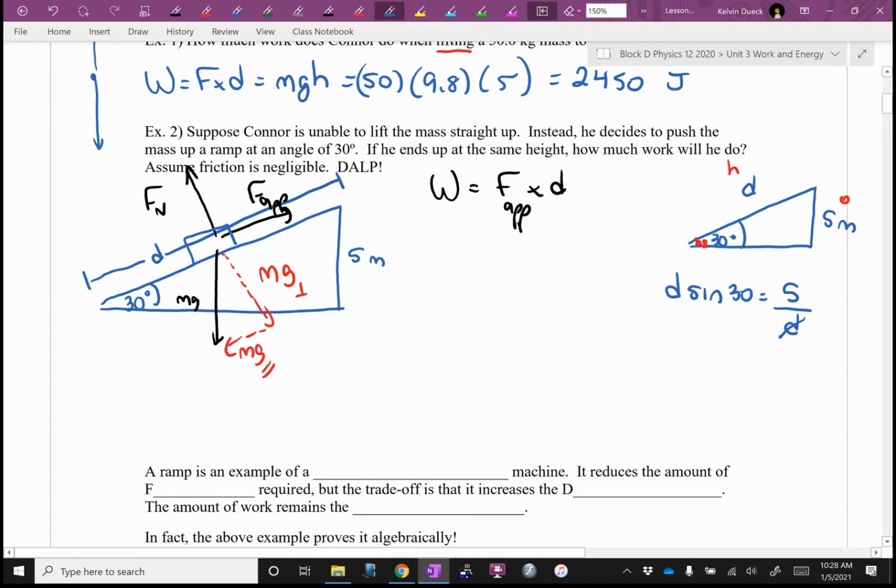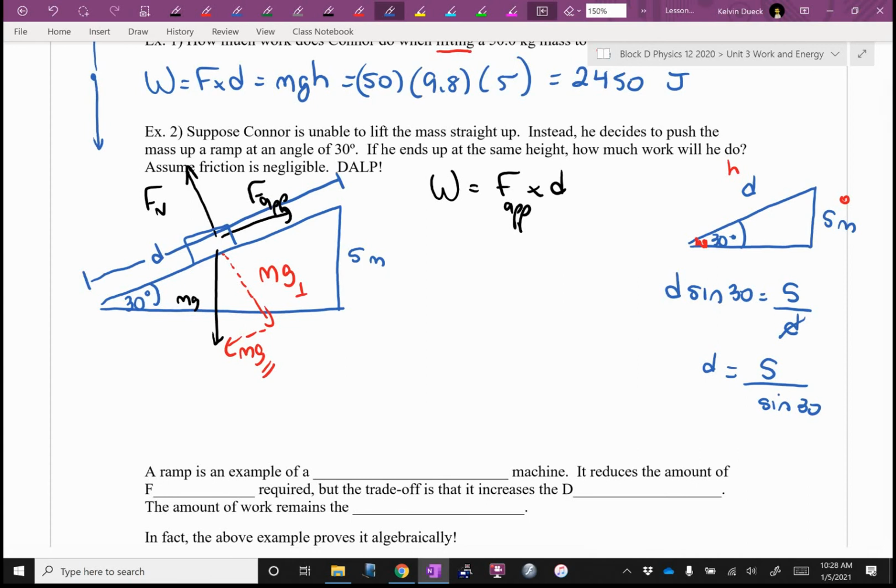Which one of those is correct? You said multiply, you said divide. The good news, one of those is right. What's the sine 30 doing to the d? So here's what I'm arguing. d is 5 divided by sine 30. What's d the same as? 5 divided by sine 30. I'm not going to evaluate it. I'm just going to leave it like that.